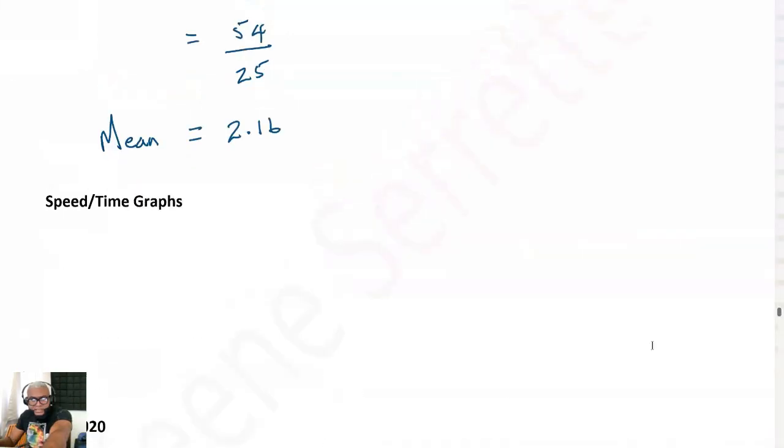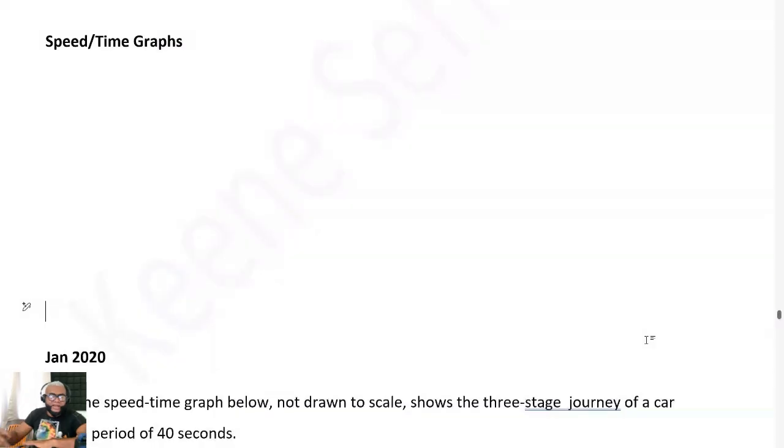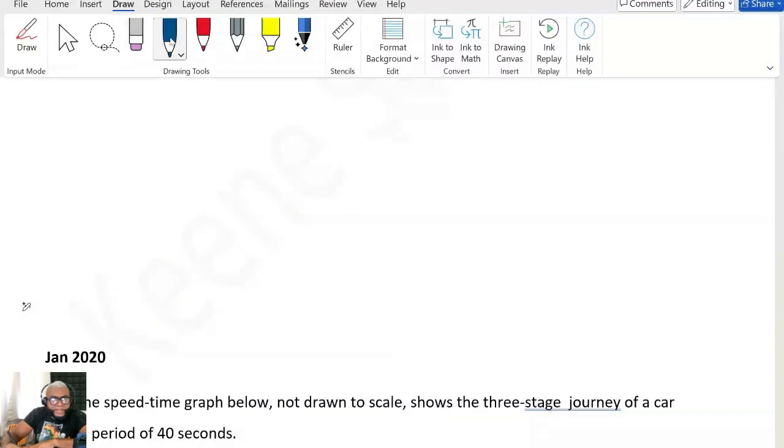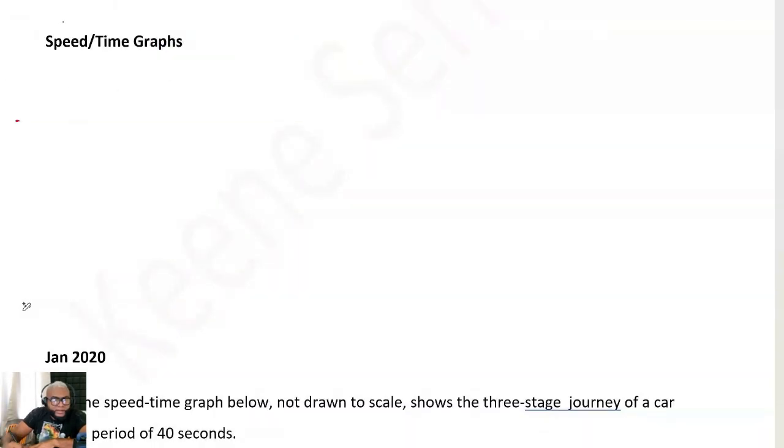All right, so this is an introduction to speed time graphs, which we will be doing next day. Speed time graphs are also like speed velocity graphs, right?